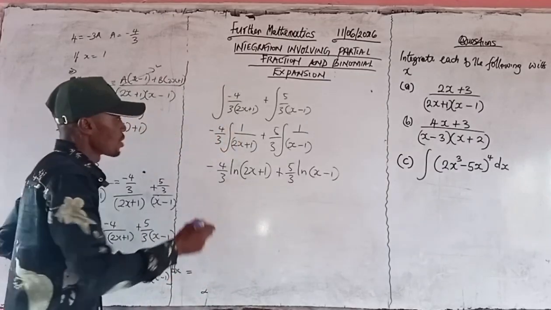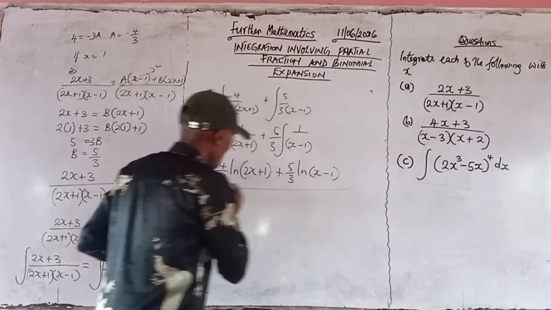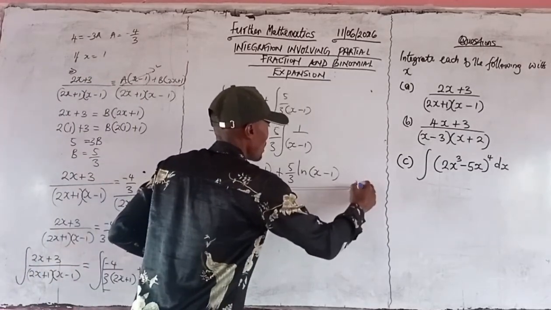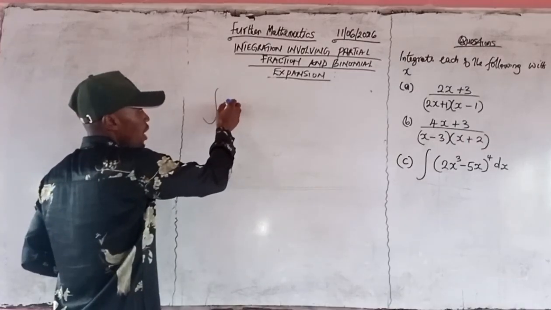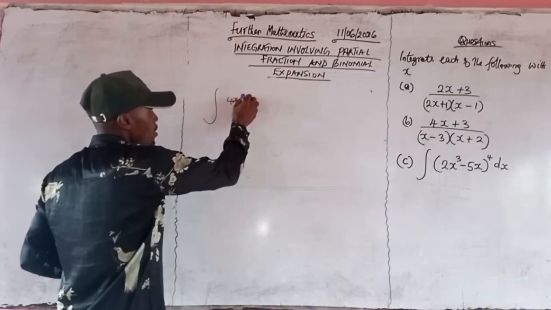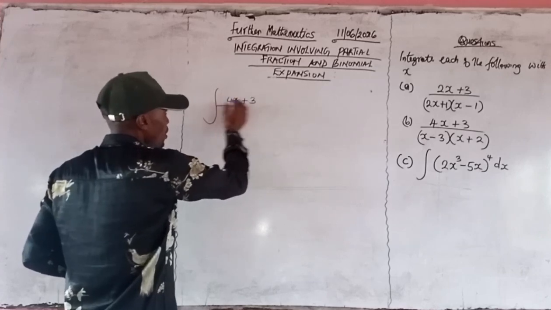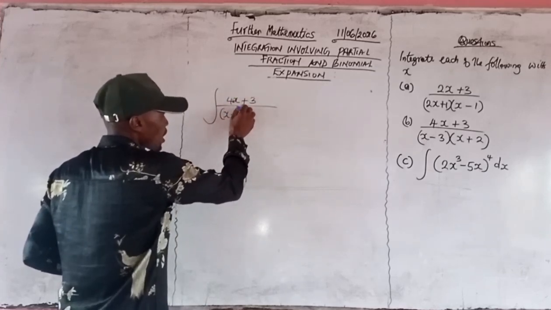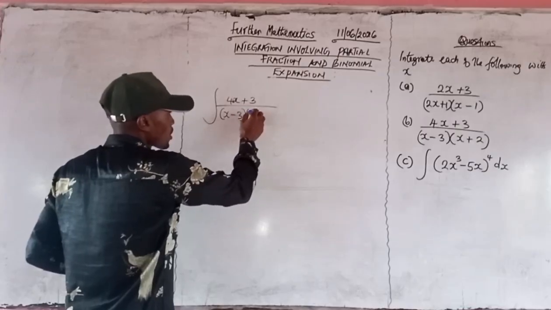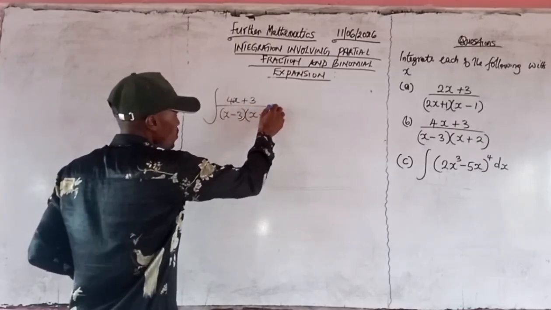And that is the integration of that function. Integrate with respect to x, 4x plus 3 over x minus 3 times x plus 2.